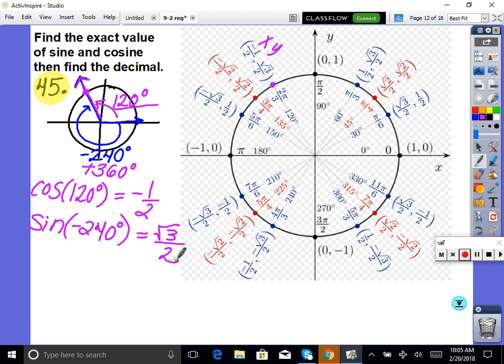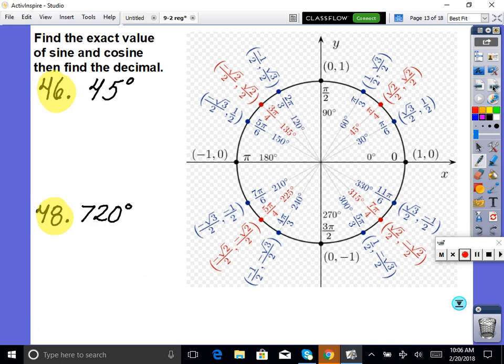Is everybody good with that? The sine at negative 240 is no different than saying what's the sine at 120. Does that make sense, everybody? Great question. Awesome.